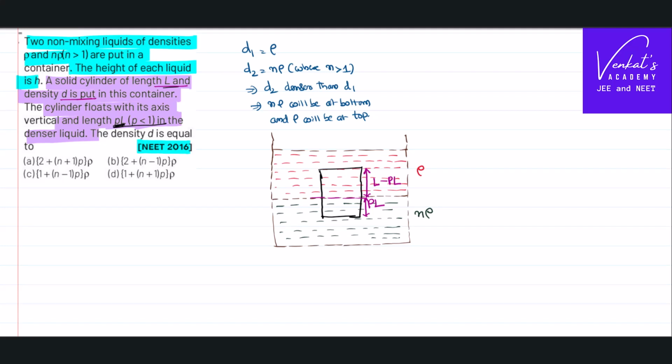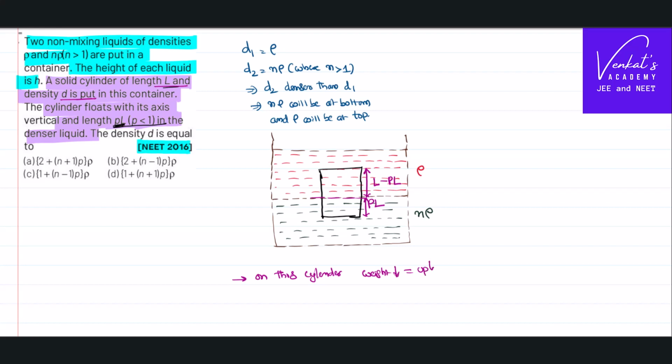The first thing we can understand is that on this cylinder, which is floating, the forces must be balanced. What are the forces? The weight of the cylinder acts in the downward direction.